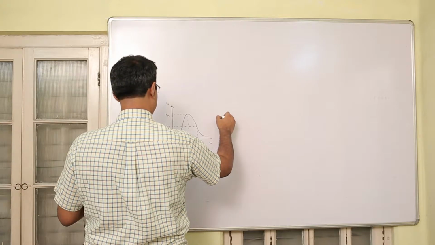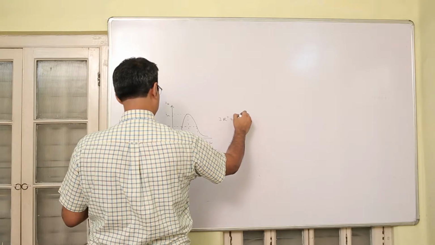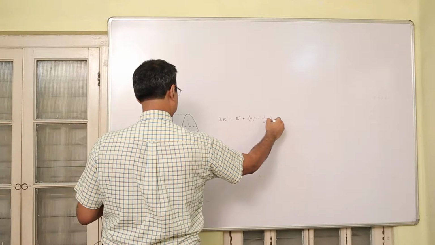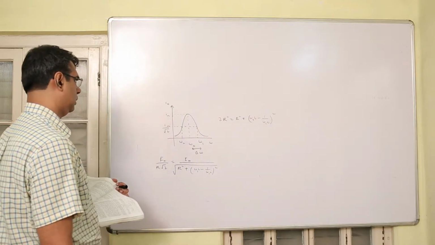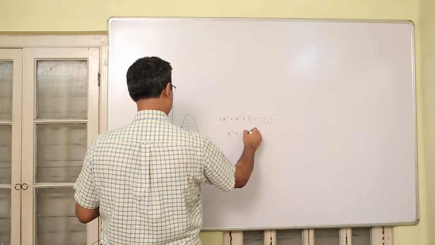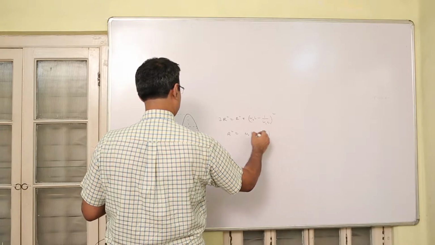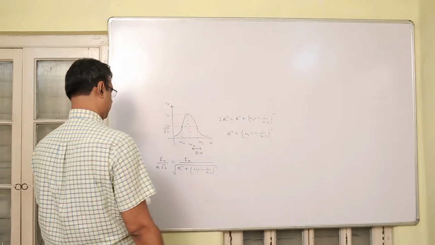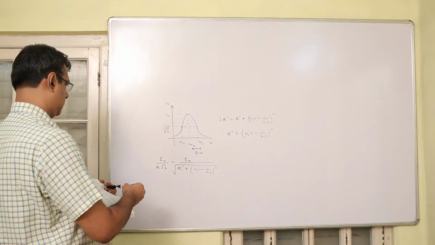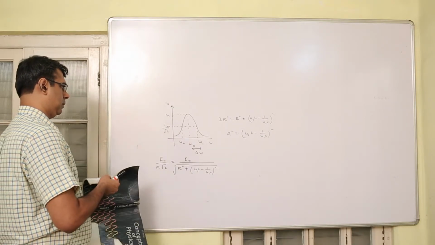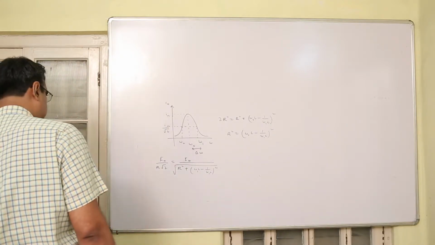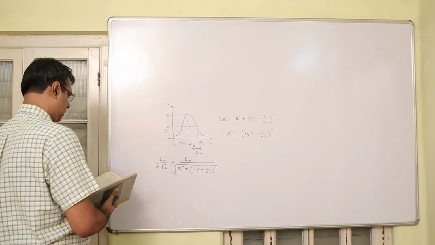So on squaring both sides, we will get 2R square equal to R square plus omega 1L minus 1 by omega 1C. So this is the expression which we are getting for omega 1 in terms of R.